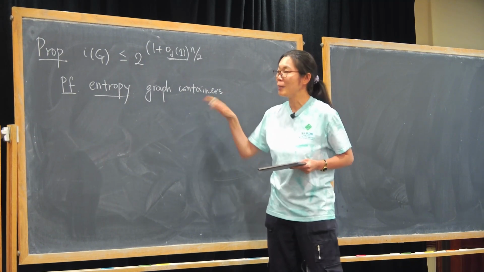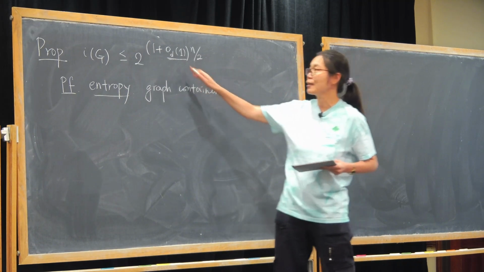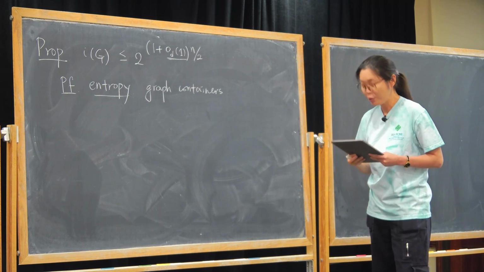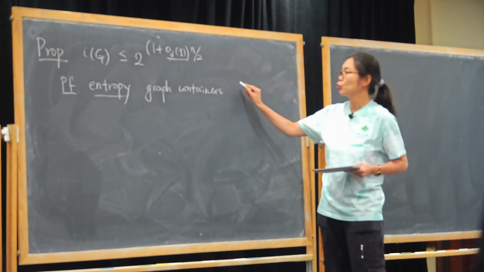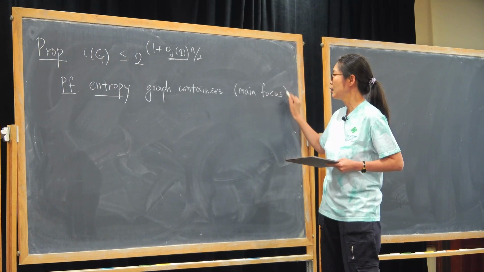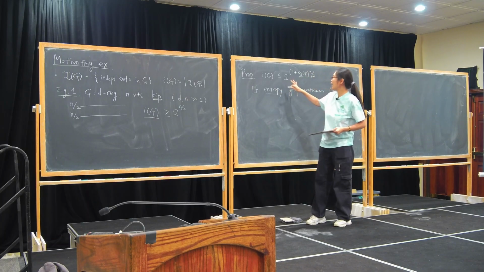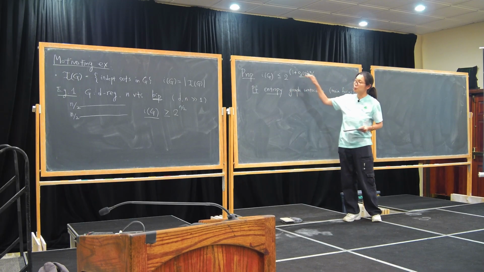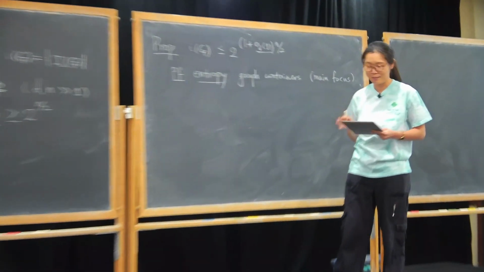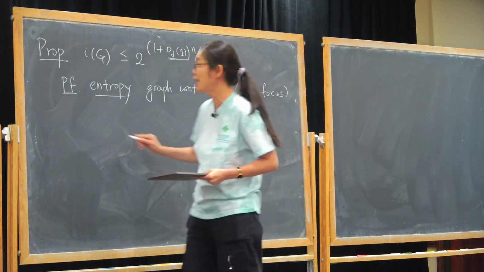If you use the basic version of the graph containers, then I think this gets something like 1 over root D. So we have those bounds, and those 2 tools will be our main focus of this lecture. We'll see a proof for this proposition later using entropy, hopefully at the end of this lecture, but we'll see how much time we'll have.